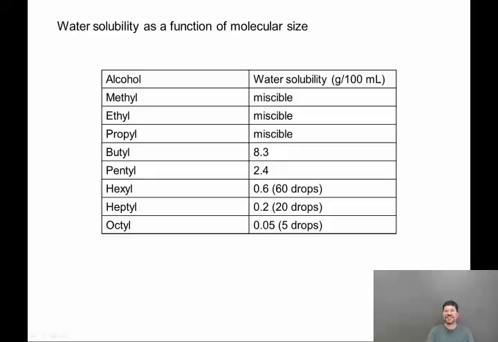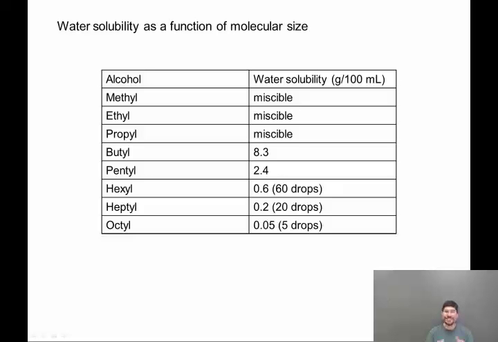For these last three solvents, I've given you a better indication that may be more useful than amounts that are less than a gram. 0.6 grams is about 60 drops, 0.2 grams is about 20 drops, and 0.05 grams is about 5 drops. So that's all you can get of octanol into water before it starts to separate out.